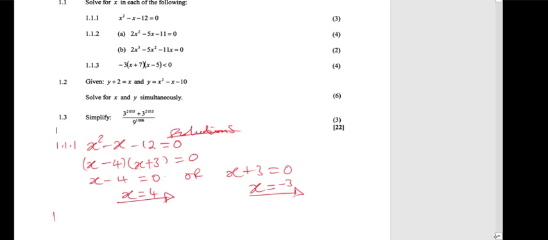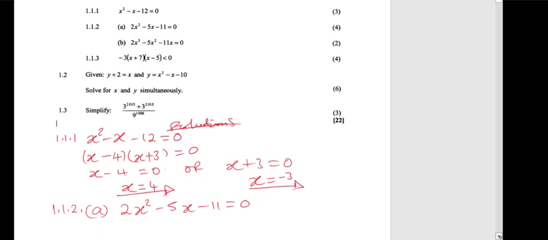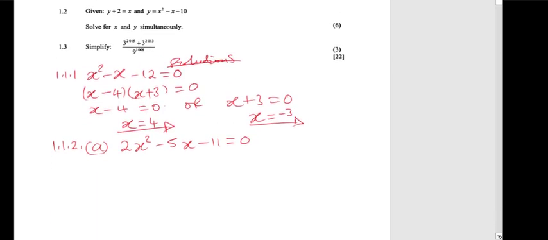Next solution, 1.1.2 A. We are given 2x squared minus 5x minus 11 is equal to 0. So remember, in 1.1.1, if you don't know how to factorize, you can use the quadratic formula.